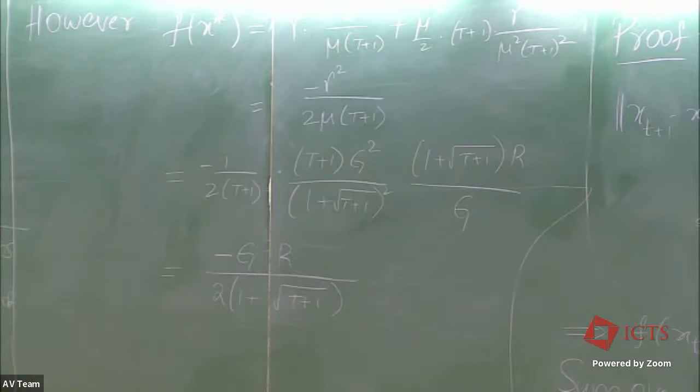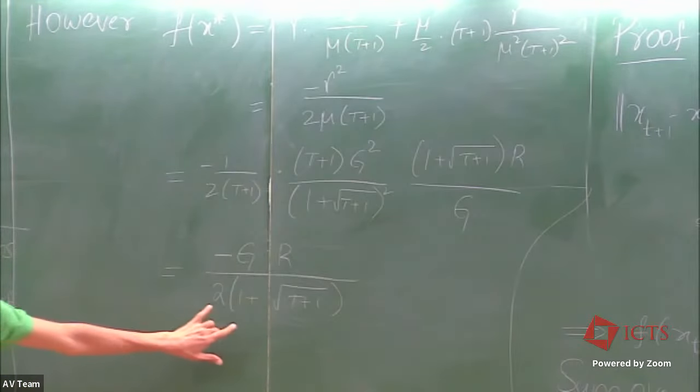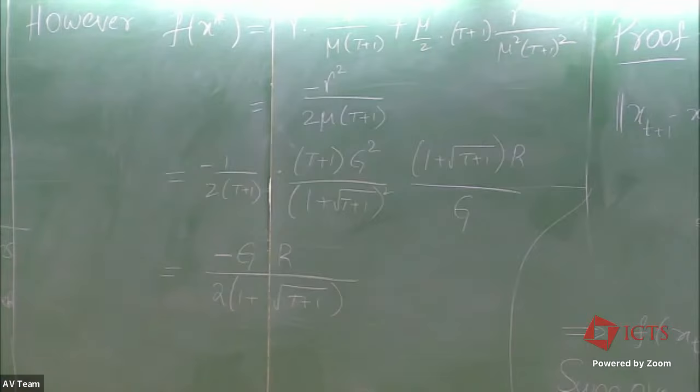So the suboptimality of any point that's output is at least this much. Okay, so let me stop here. Happy to answer any questions.